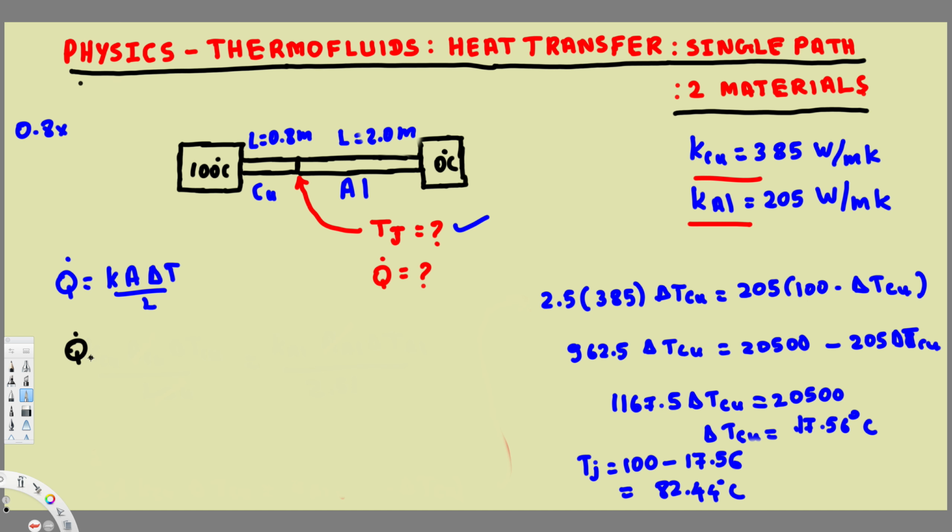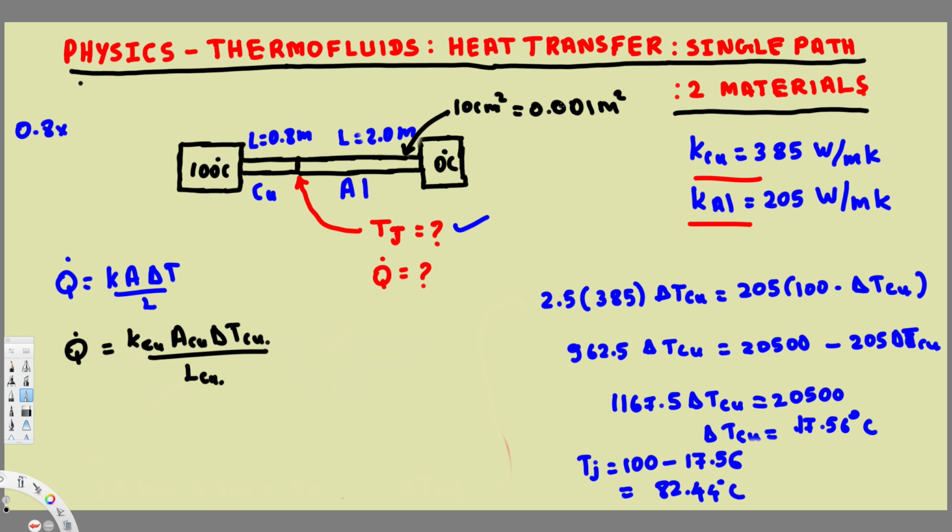Q dot is going to be equivalent to Kcu Acu delta Tcu over Lcu. Okay, here we need the cross-sectional area, right? So let's say this area is 10 centimeters square. So that's going to be equivalent to 0.001 meter square, right?